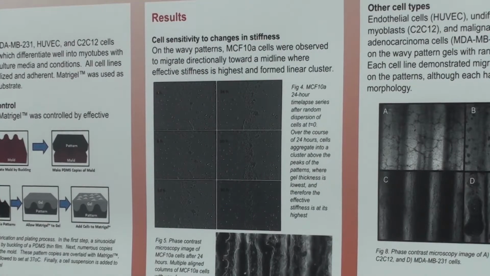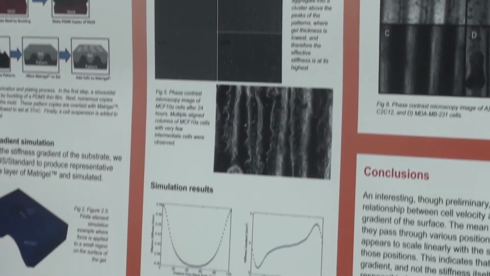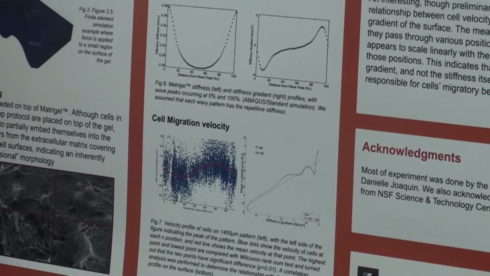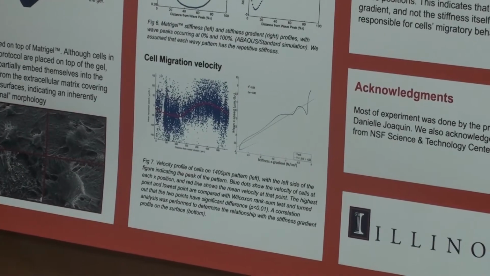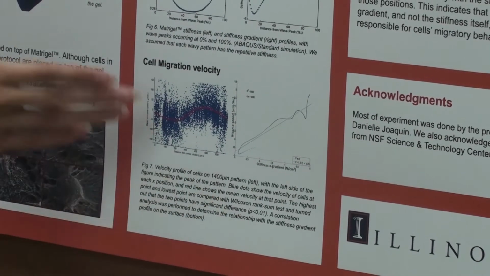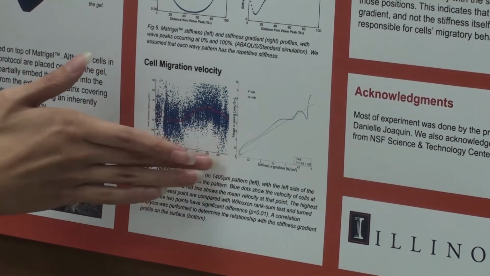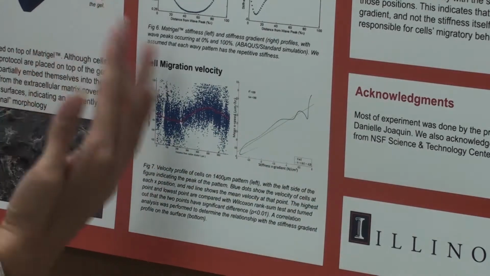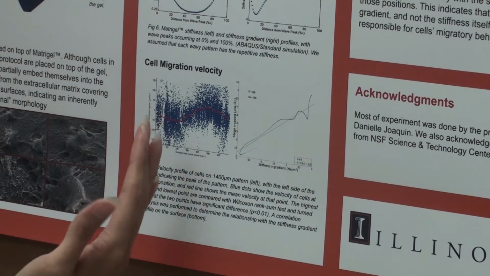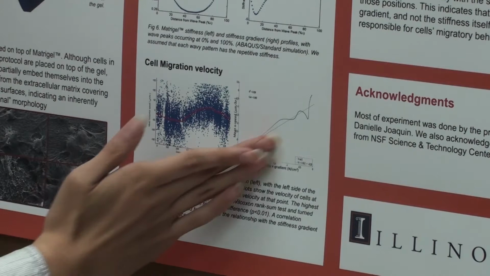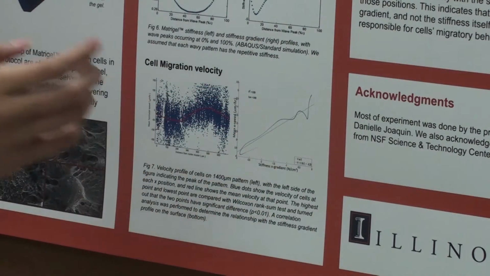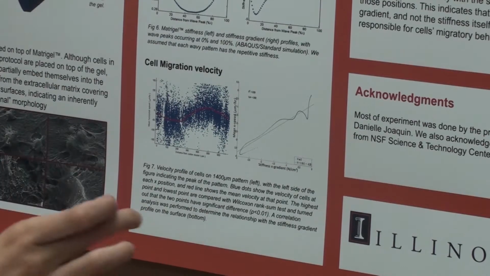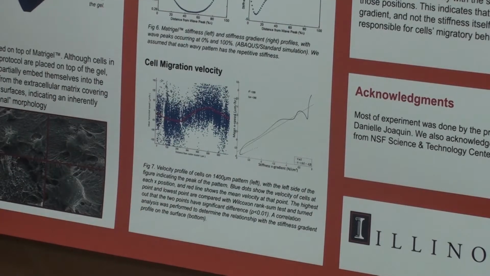We analyzed their movements, and this graph shows the X point versus mean velocity of the cells. You can see that when we analyze the stiffness gradient versus cell velocity, they tend to move faster when they feel the highest stiffness gradient.